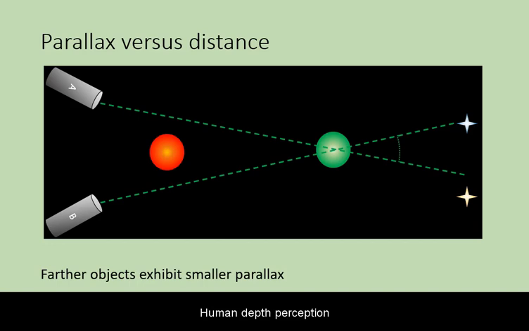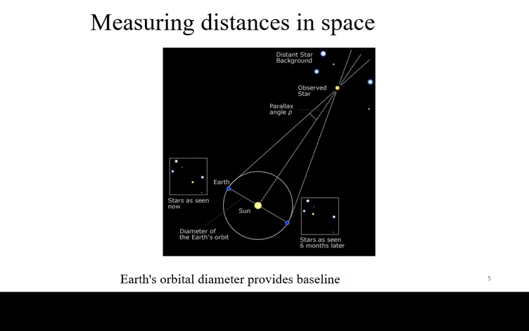Human depth perception is limited to several dozens of meters only because our eyes are usually no more than about 10 centimeters apart. To measure cosmic distances, we need a lot larger baseline. Earth's orbit provides this distance.